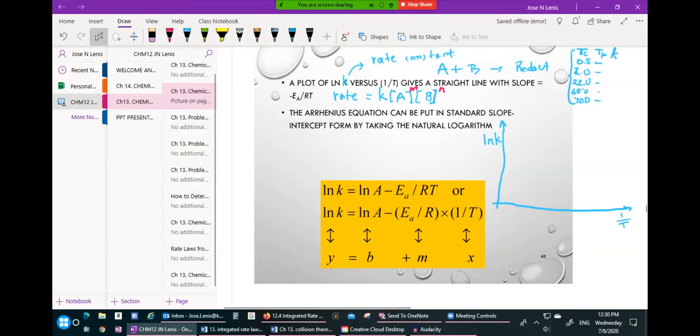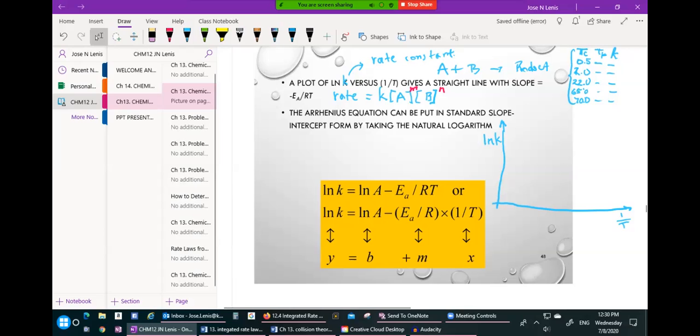If you change temperature, then you are going to find different values of constant at different values of temperatures. So now we found 5 different values of rate constant at these different values of temperatures. Here they are written in Kelvin.